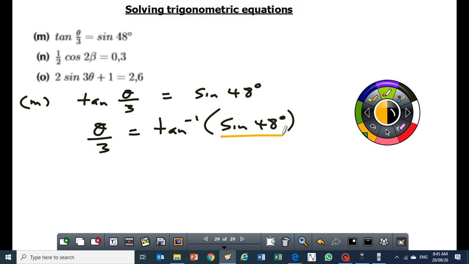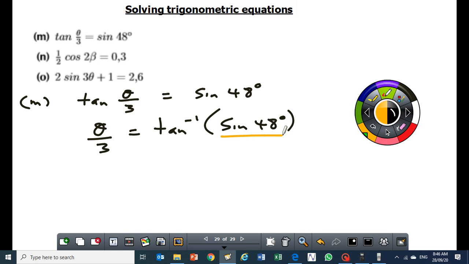But I don't want to write that ratio as a decimal with many digits. So I'll just write the sine 48 inside brackets. The good thing is I can put that in the calculator. Remember, it's always wise to work with decimals that are not rounded off. You can only round off the final ones.